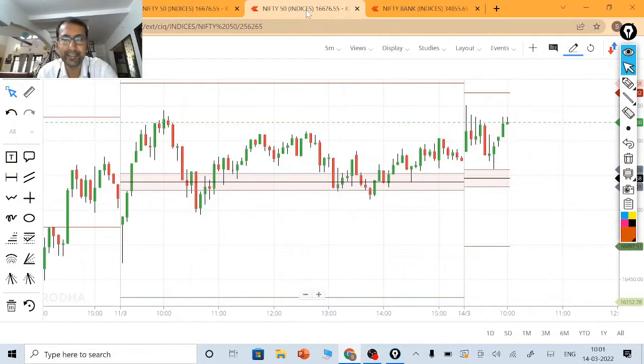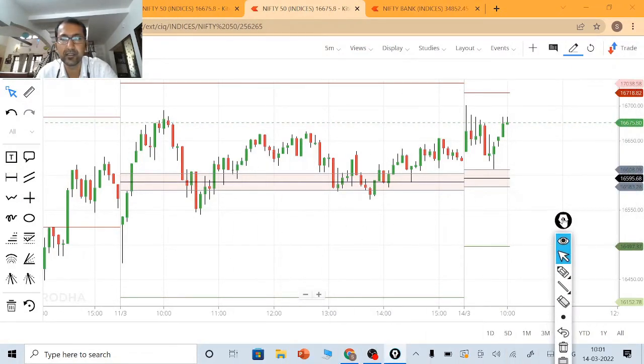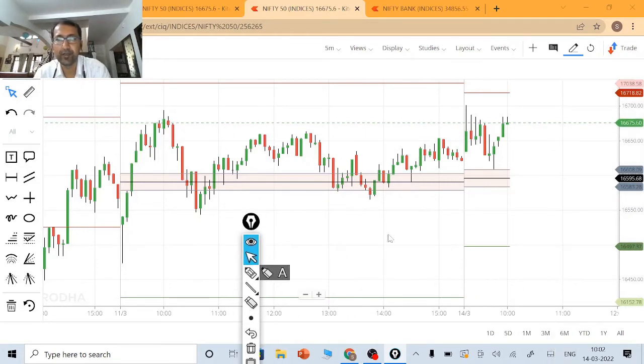Yes, as you can see from FIIs and DIIs, market is slightly bearish. Now if you see the Nifty chart, Nifty is slightly trading higher. It is at around 16,670 here.